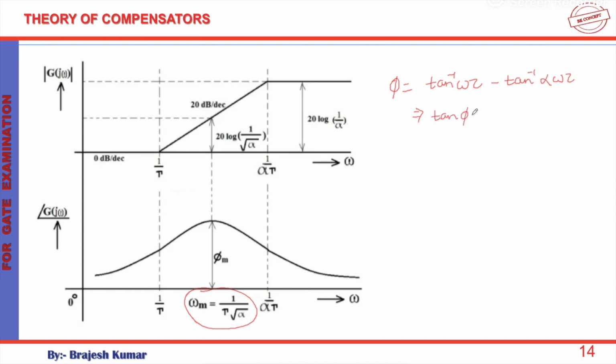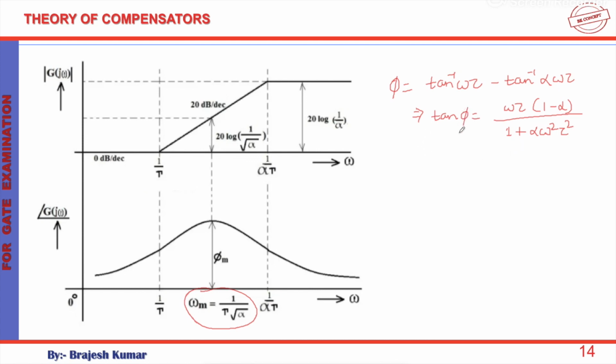So tan phi will be equal to omega tau multiplied by 1 minus alpha divided by 1 plus alpha omega square tau square. If you can't recall it, go and revise your trigonometry. So you will get finally this value, and we want the value of phi m.